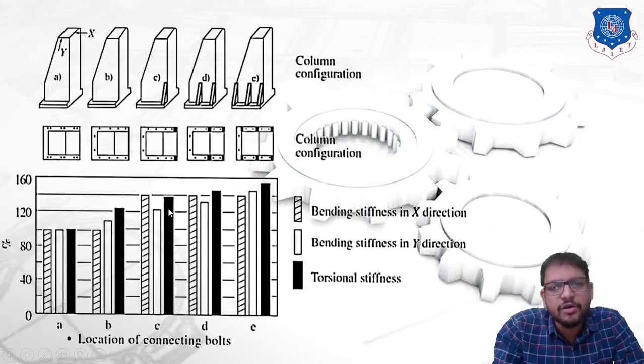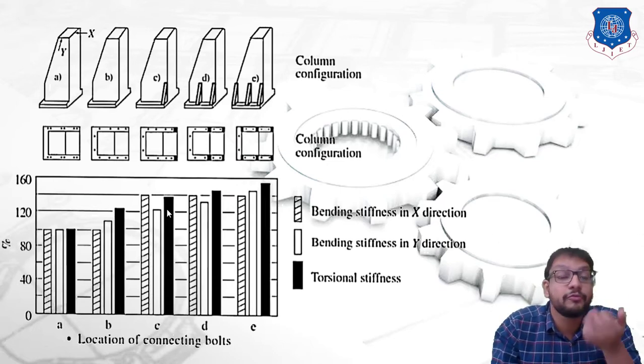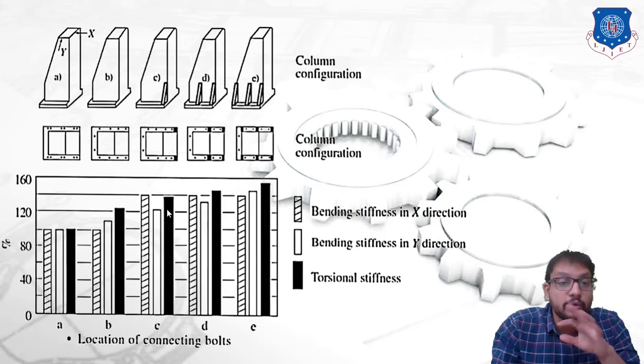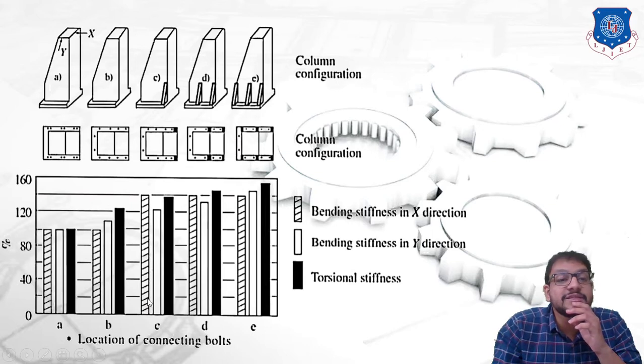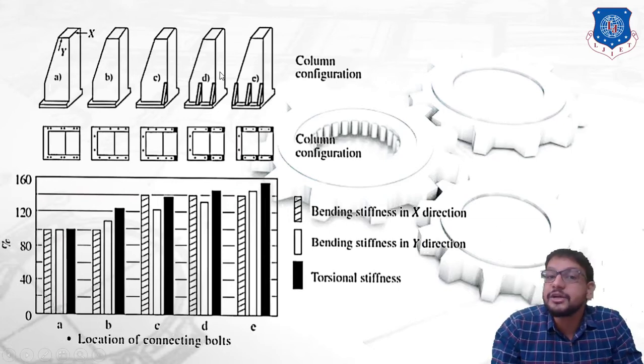In our third case, we have used a fastening bolt as well as a flange stiffener, or flange ribs. So you can clearly see the change in stiffness. The stiffness has been increased up to, let's say, 130 or 140 percent compared to the previous case, that is the B case. Now, in our next case, that is the D case, we have used two flanges.